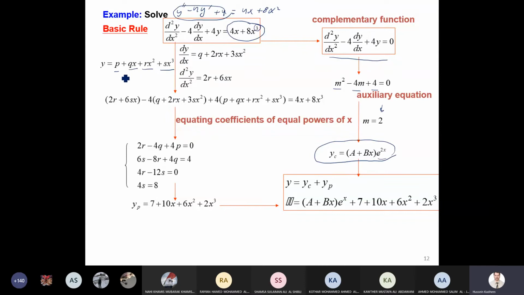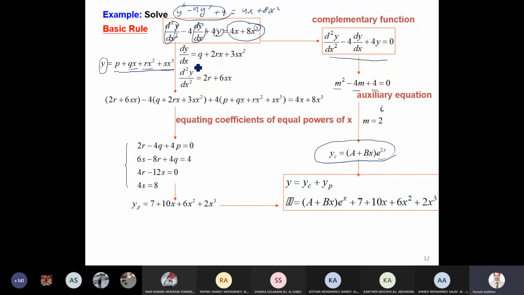You see, I keep changing the names of the constants. Sometimes I call them C, D, E, sometimes K0, K1, K2, P, Q, R. It doesn't matter what you call them. At the end, they are simply constants. Now I will substitute it here. I need y dash and y double dash, so I will differentiate.